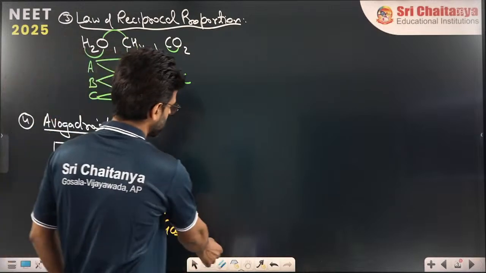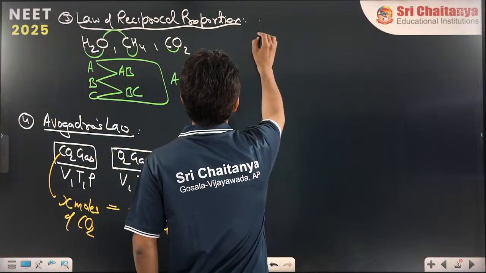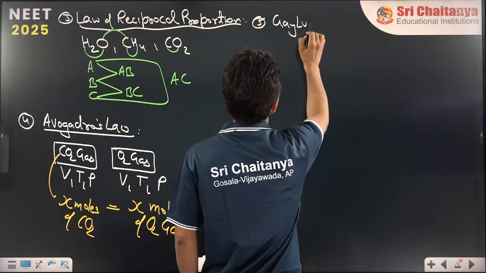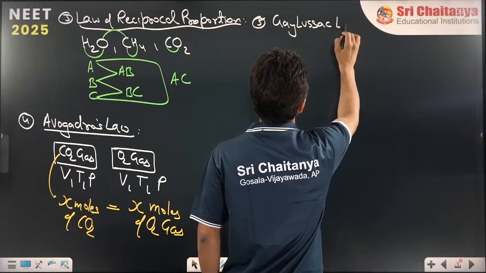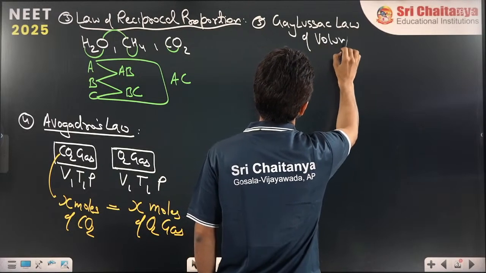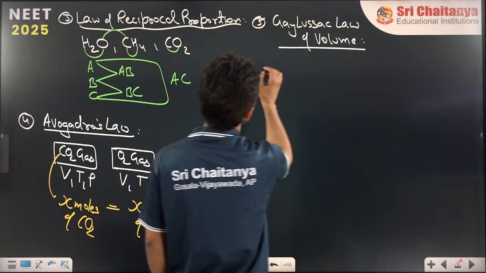That's it. Now the next one, Gay-Lussac's law of volumes, right? So what is it saying, beta? Very simple thing again.